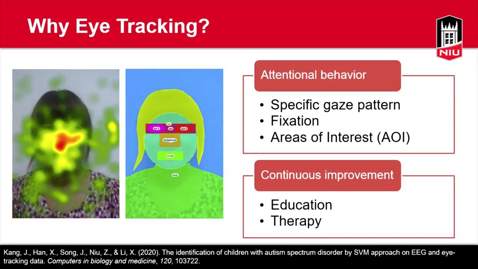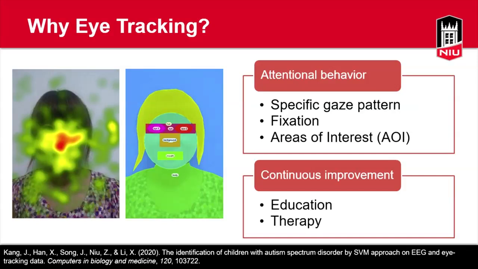As we can see in the photo, we can find specific gaze patterns for individual autistic kids. Also fixation, which shows which area they stay in more than other areas. The red color means they stay more in the center area compared to others.